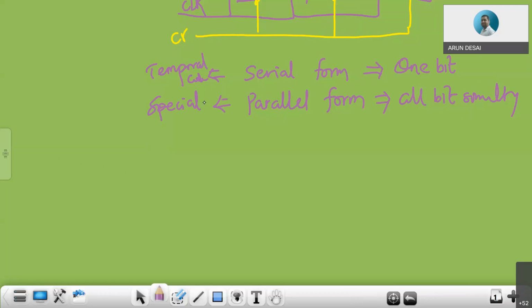So how many ways are available? Suppose we have four flip-flops over there. So this is the third, second, first, and zero. So four flip-flops are there.